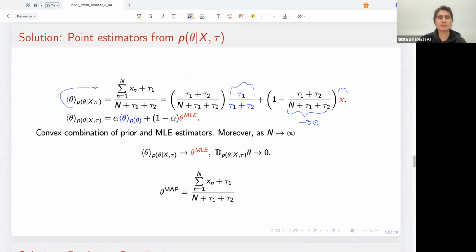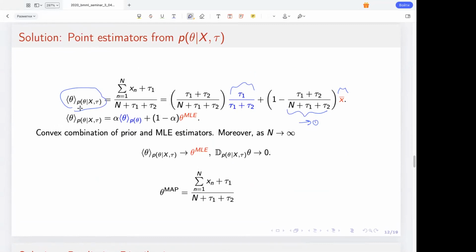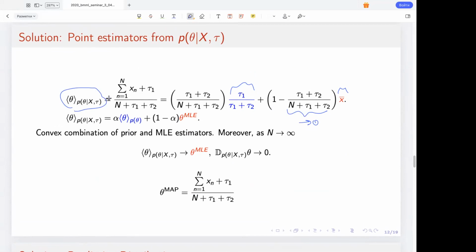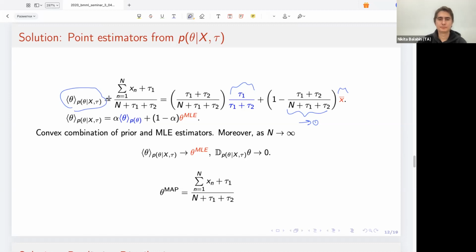It is this estimation. I thought that we also needed to calculate the mode of this posterior distribution. And it turned out to be different from the expectation. So instead of tau 1, tau 2, they wrote tau 1 minus 1 and tau 2 minus 1. So it's not like in the Gaussian case, where they're the same.